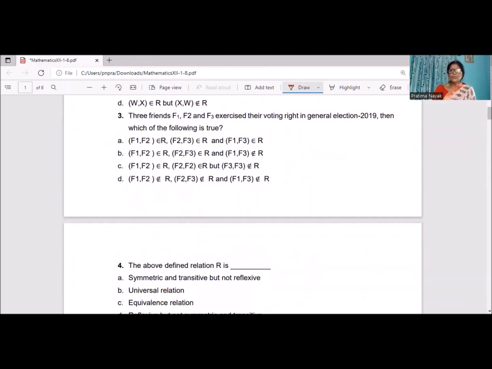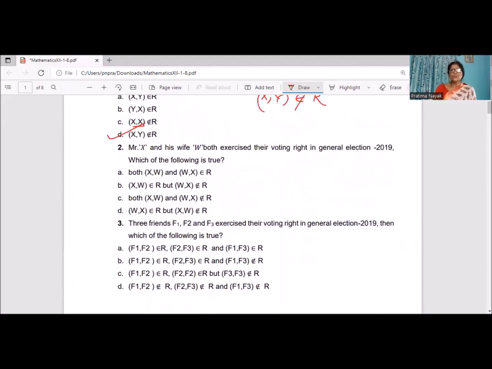Coming to question number 2. Question number 2 is again about husband and wife, Mr. X and his wife W. Husband is X and wife is W. Both exercised their voting right in the general election 2019. Which of the following is true?